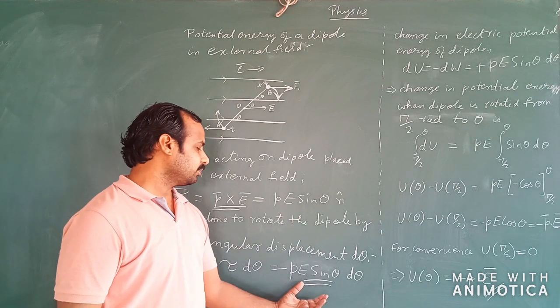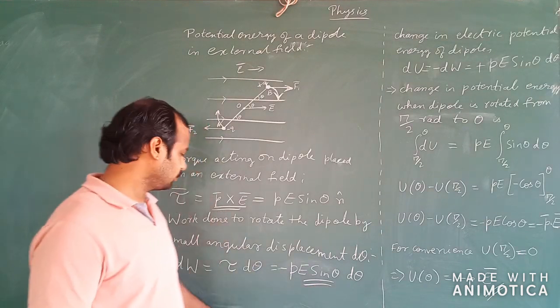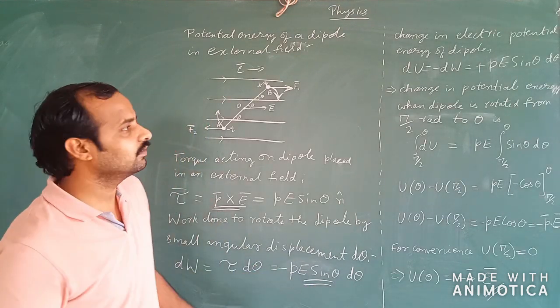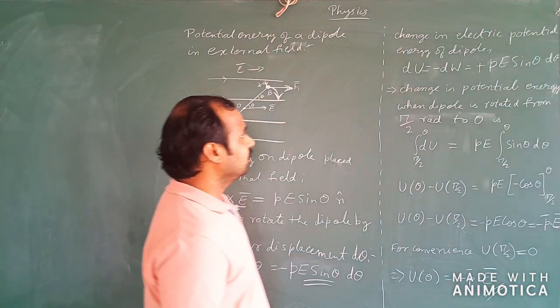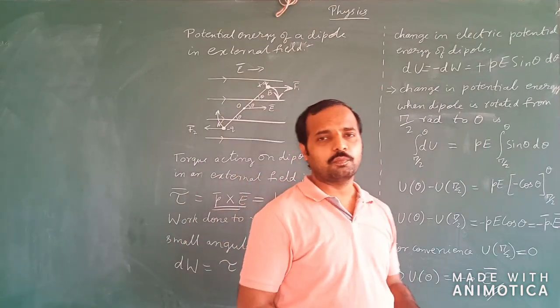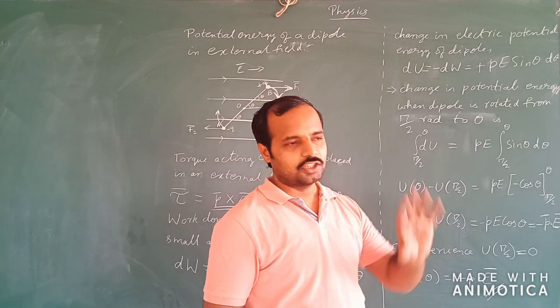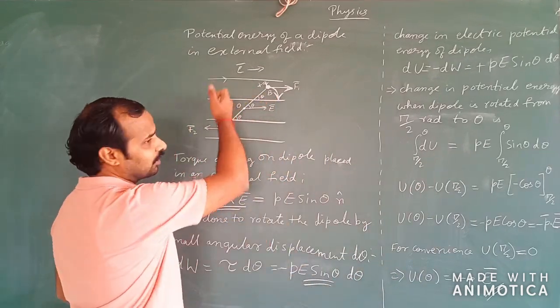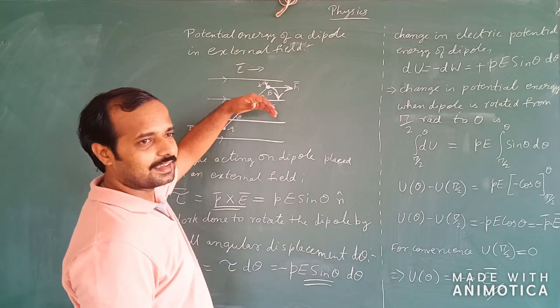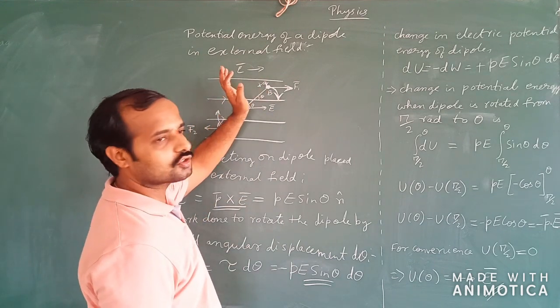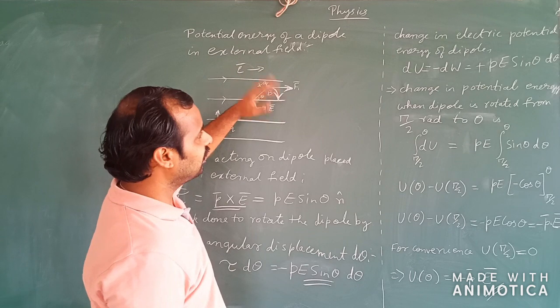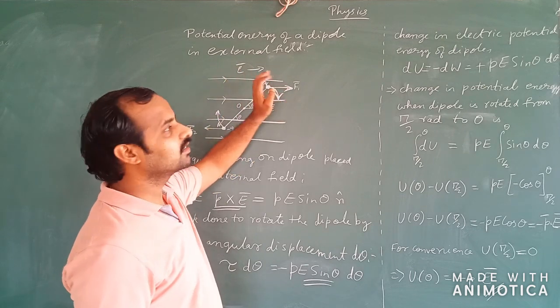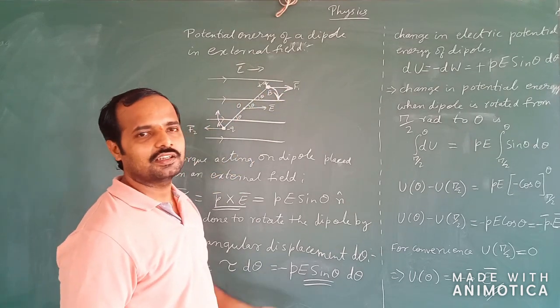So the work done is minus P into E sin theta d theta, and obviously the work done is negative. If I rotate this dipole against the direction of the field, the work done will be negative.